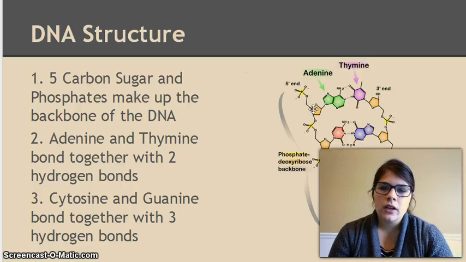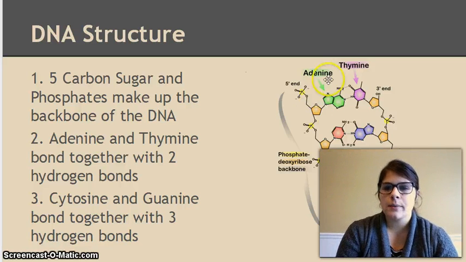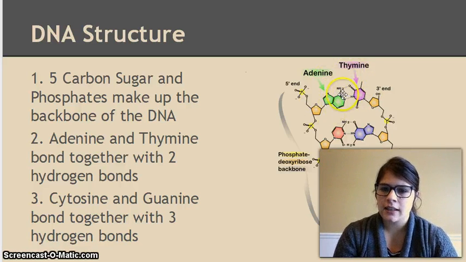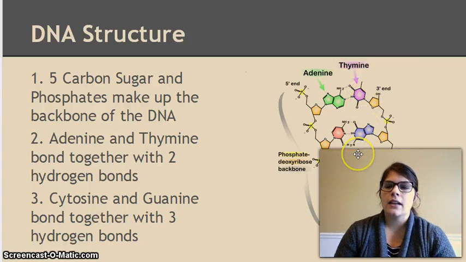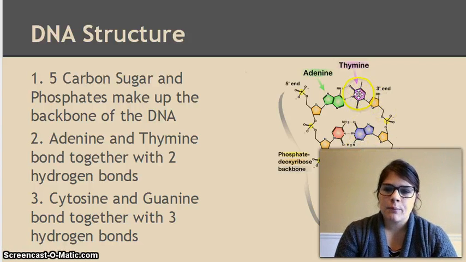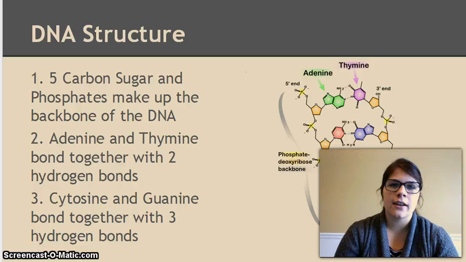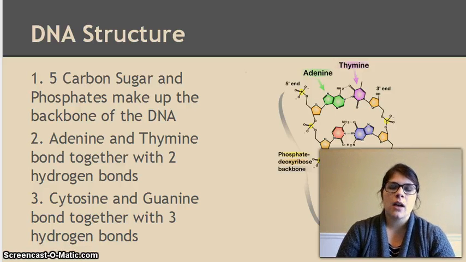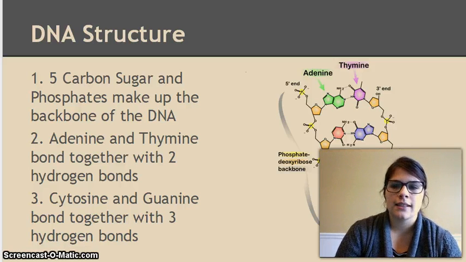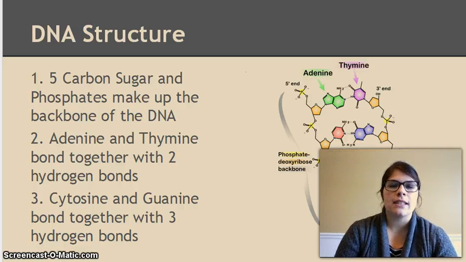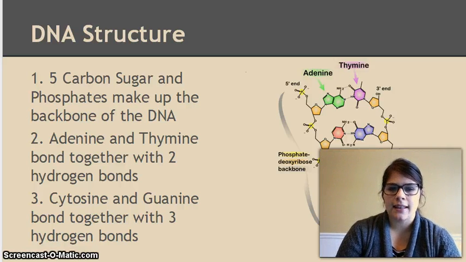Now, when you look at our nitrogenous base, we have adenine in green, thymine in pink, and you can see these bonds right here. These bonds are called hydrogen bonds. I know we talked about that earlier in the year. These hydrogen bonds are very important to us, and this is what holds basically that double helix together.